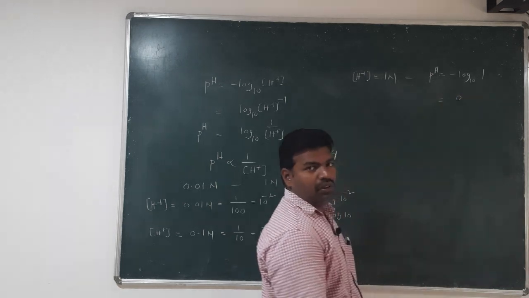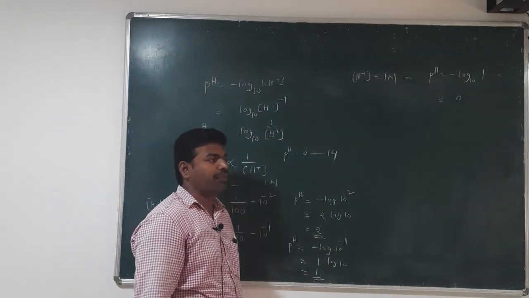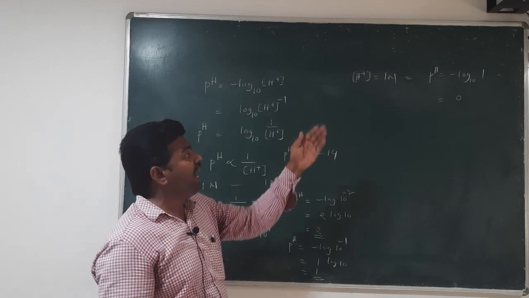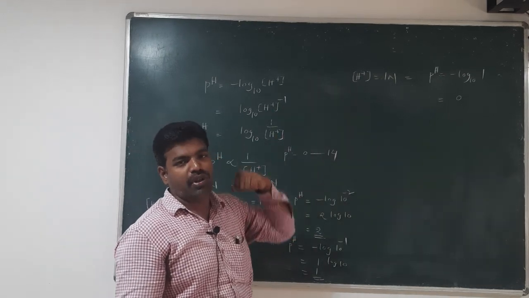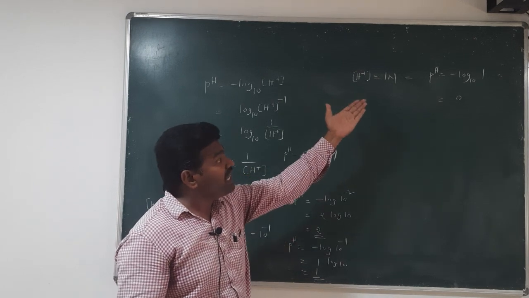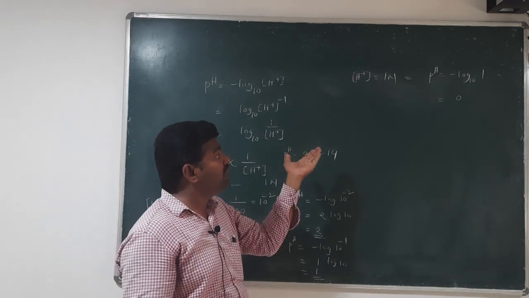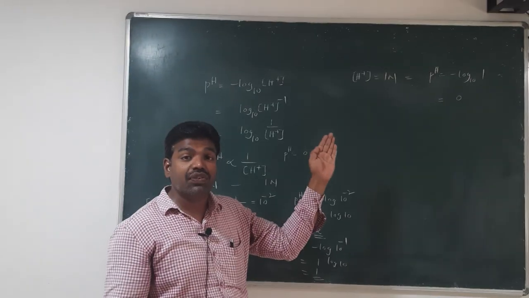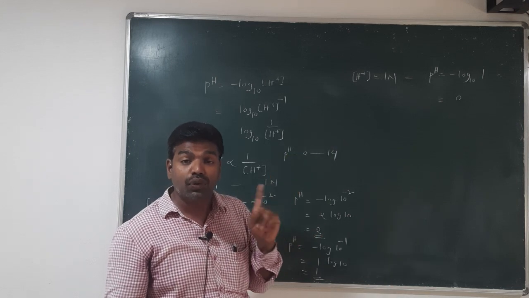If we go with more concentration than 1 normal, that is, a 2 normal solution, then the pH value would be negative. If you go with 3 normal, the pH value is negative 2.